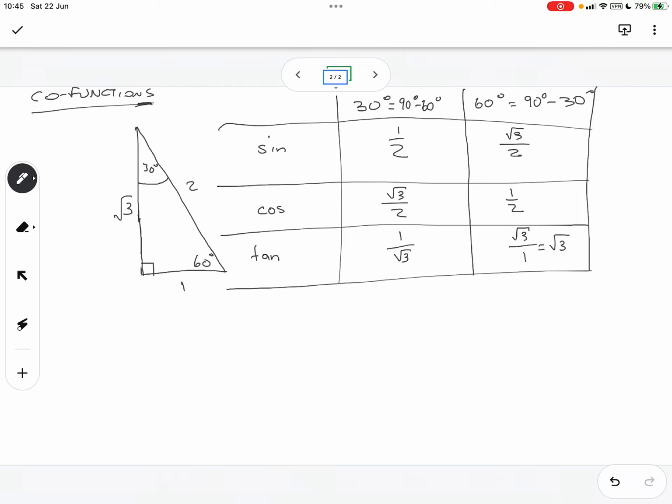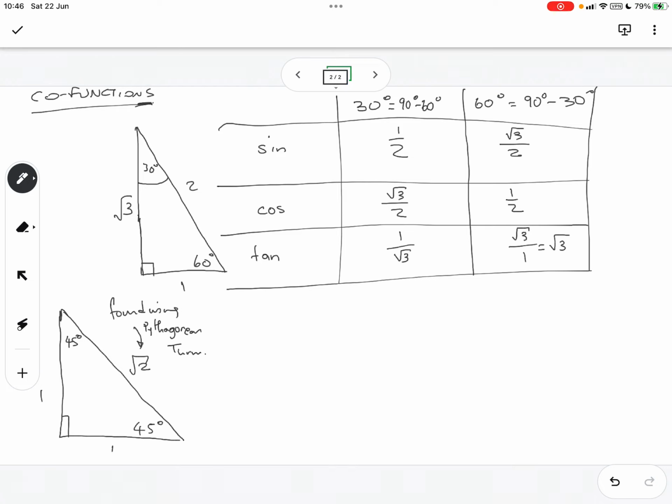Okay. So we can do the same exercise for a 45-degree angle triangle, with sides 1, 1, and square root of 2. These lengths of the sides you can work out using Pythagoras theorem.